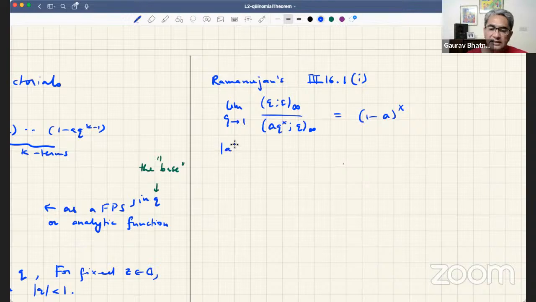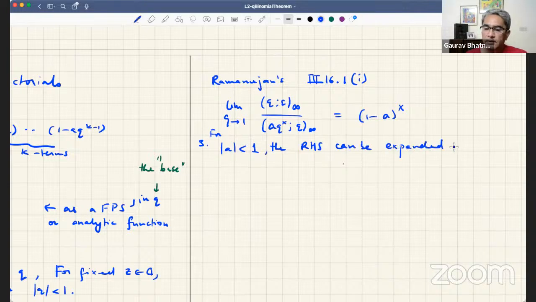This makes sense when absolute value of a is less than 1, and a cannot be 1, so this thing cannot be 0 inside. So let me put it as 3. For a less than 1, the right-hand side here can be expanded using the binomial theorem.